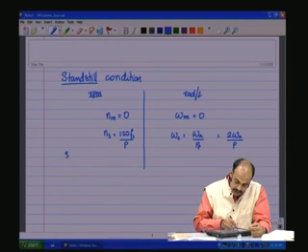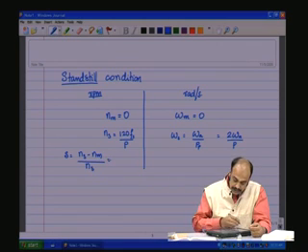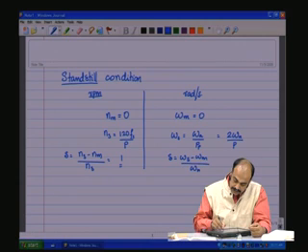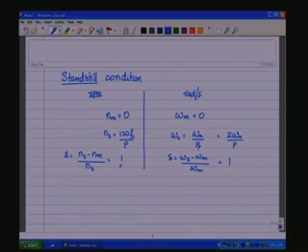So what happens to the slip, which is equal to ns minus nm by ns, which is equal to 1. Same here, omega s minus omega m by omega s, which is equal to 1, because omega m is 0 under standstill condition.